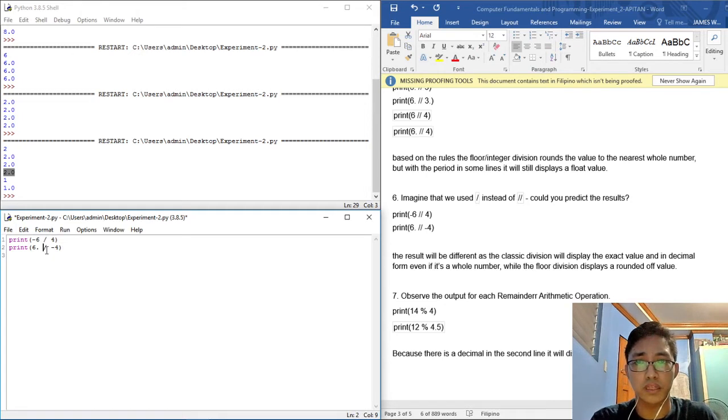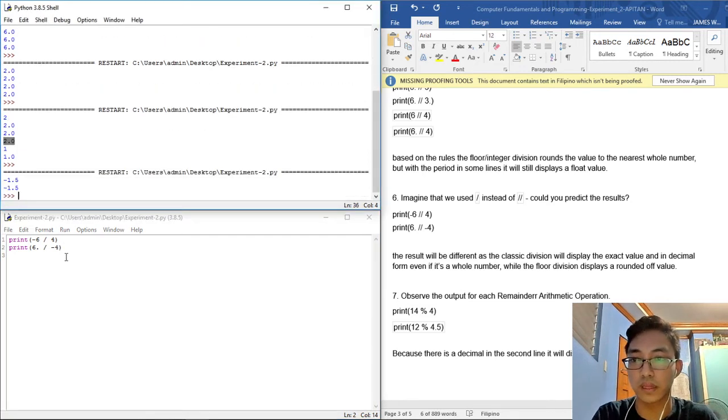I presume that it is 3 over 2, which will be negative 1.5, and both of them have negative, so the two lines are negative 1.5, as expected. Next will be to see if these are the same results as the previous one.